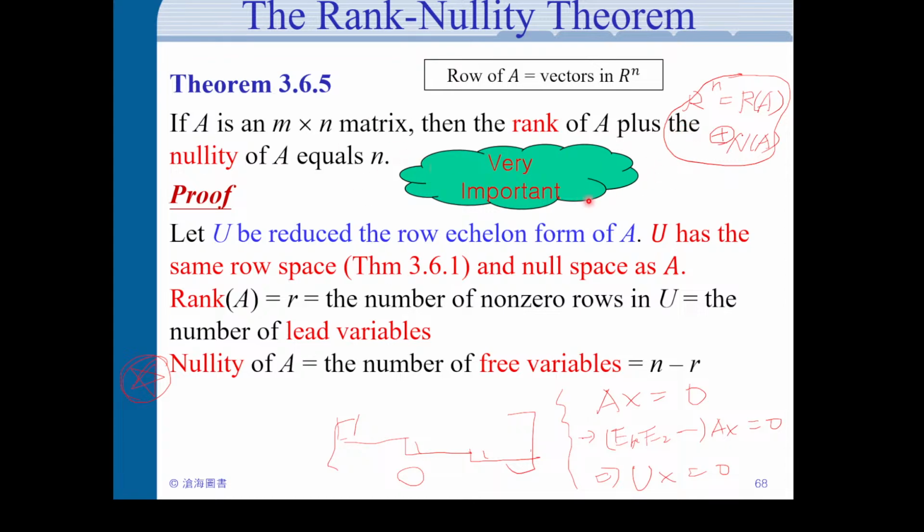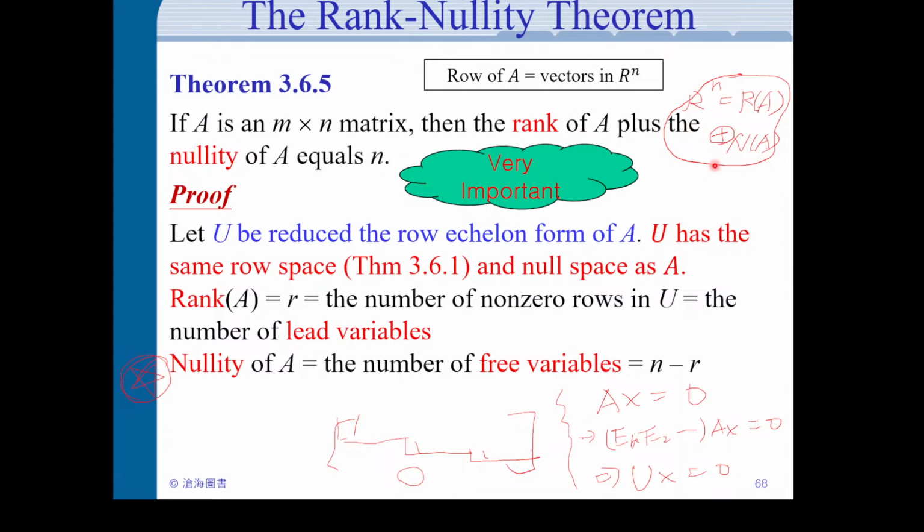Okay, and later on we'll have an even stronger statement of this theorem. Later on we'll see that Rn, the space that has a dimension equal to the length of the rows of A, is equal to the row space plus the null space. This plus will be something that we'll talk about later.